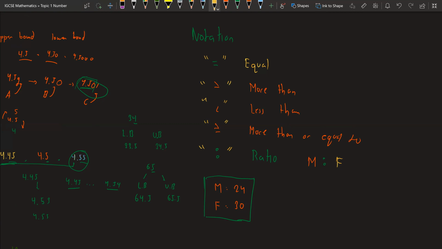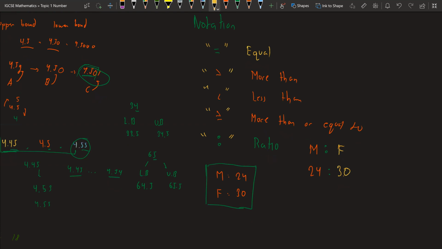The ratio is 24 to 30, but that's not a complete answer. I could reduce it further. I want it to be the lowest ratio. So I know they have 24 students for 30 students, but what's the proper ratio?